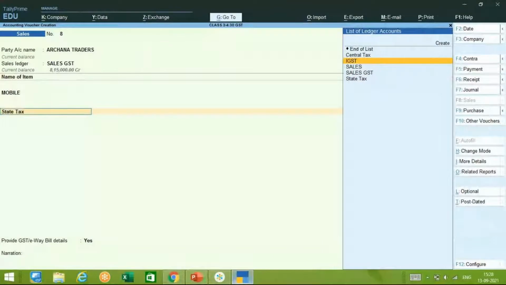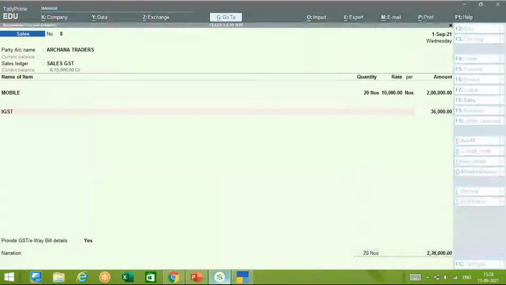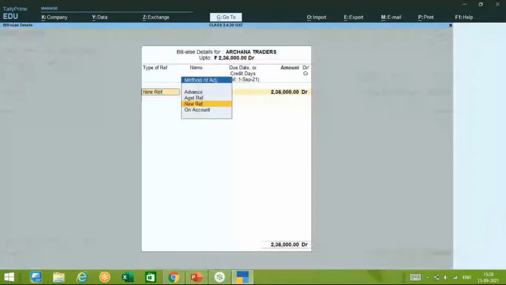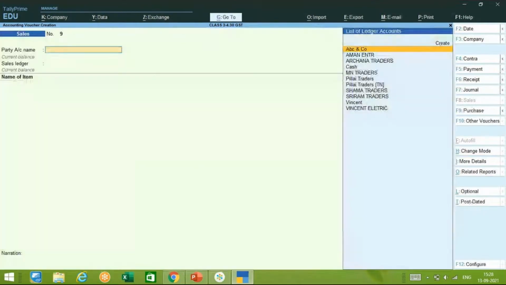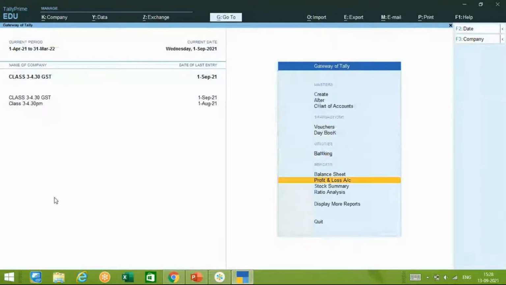Interstate, ma'am, is because it is IGST. Intrastate, correct. That's all. You see in your reports.